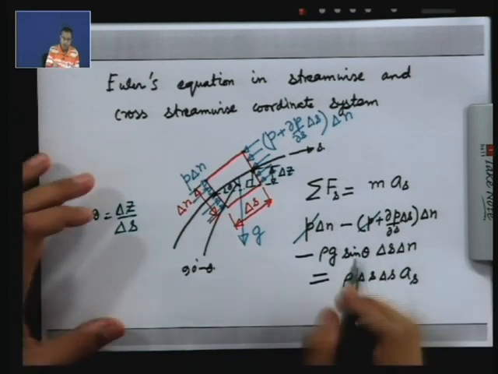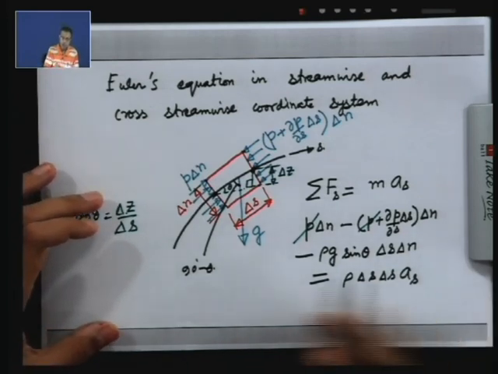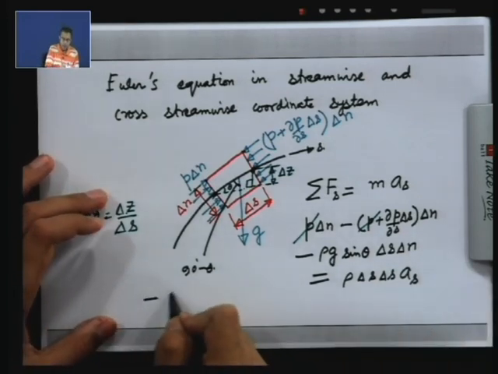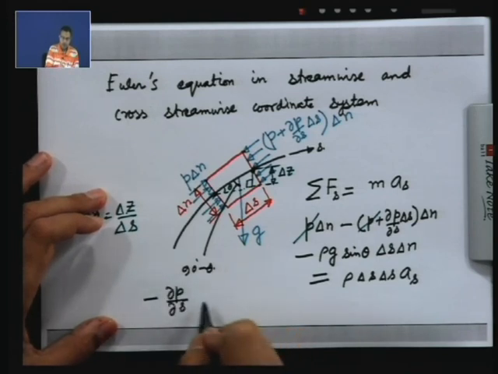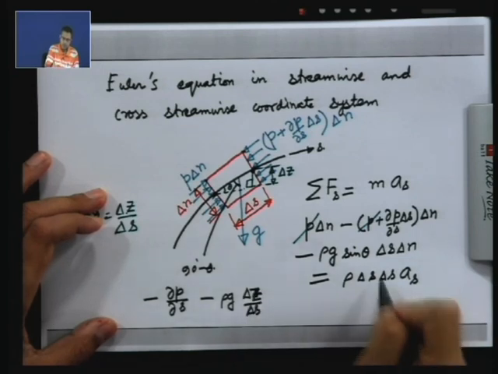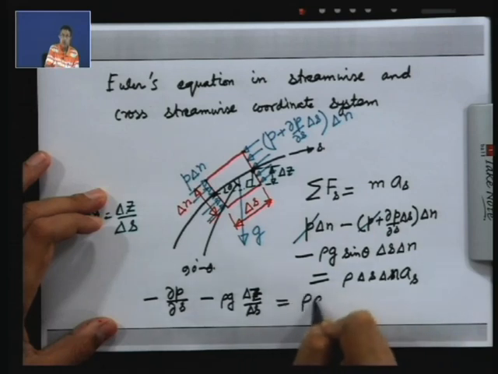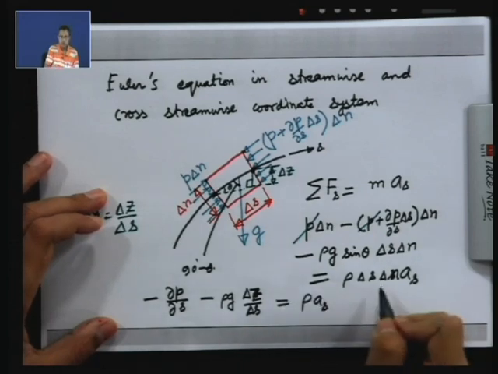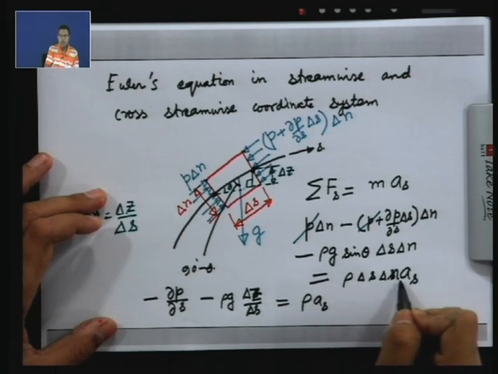So, what we are left with is minus del P del S minus rho g delta z by delta s, this is equal to rho a_s, because delta s into delta n gets cancelled from both sides.